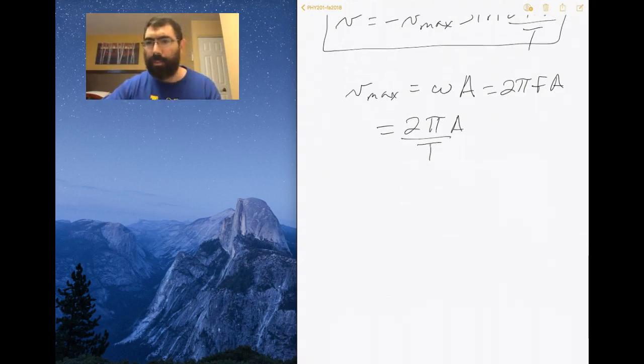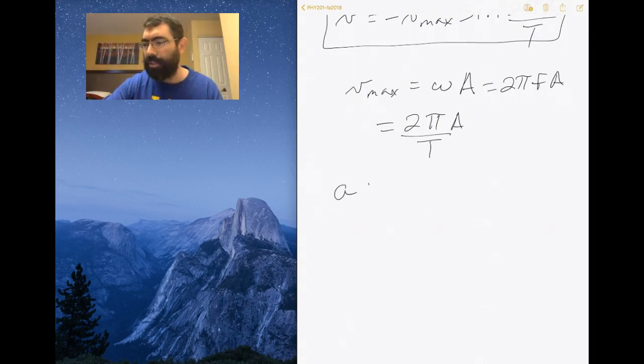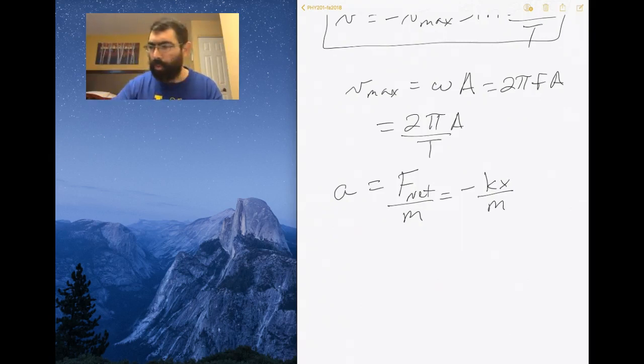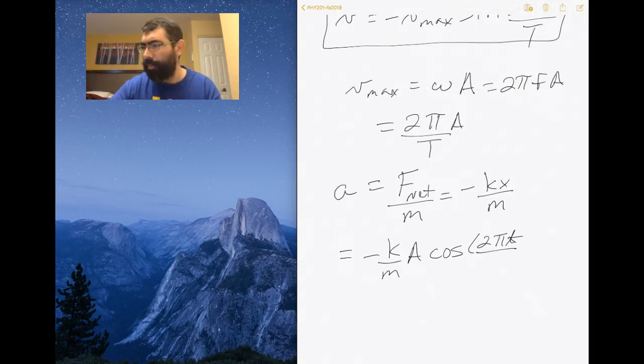And so now in the case of a spring, the acceleration is going to be the restoring force divided by the mass. So we use Newton's second law, F is equal to ma. So this means that we have minus kx over m, or minus k over m times the amplitude times the cosine of 2 pi t divided by the period.